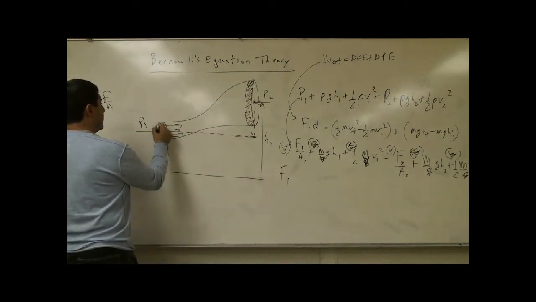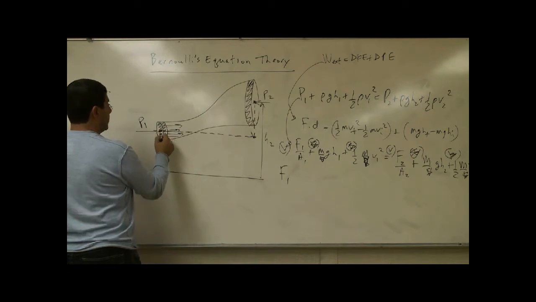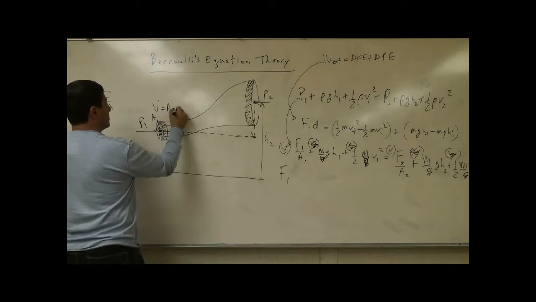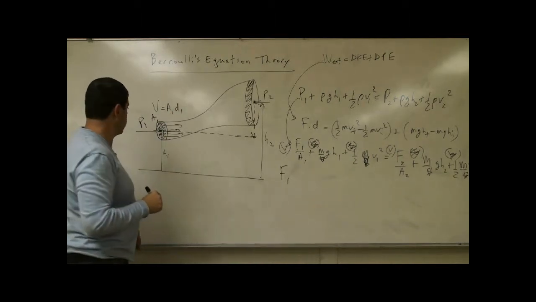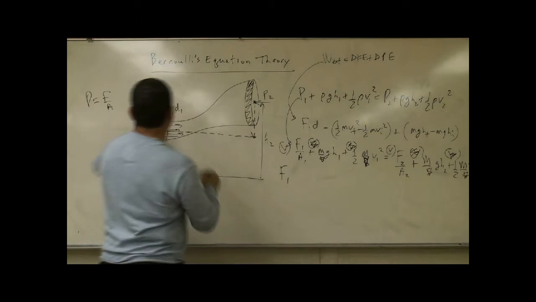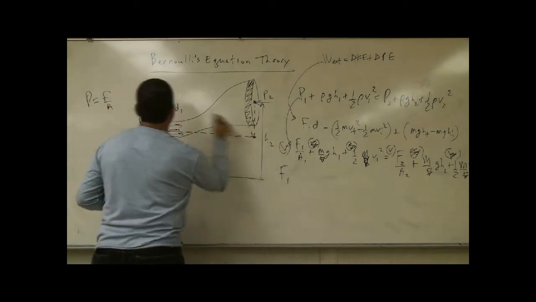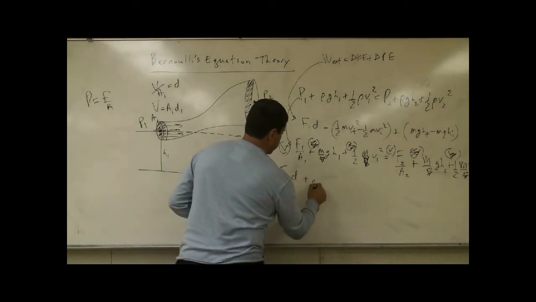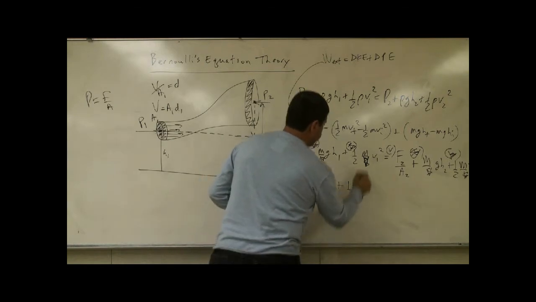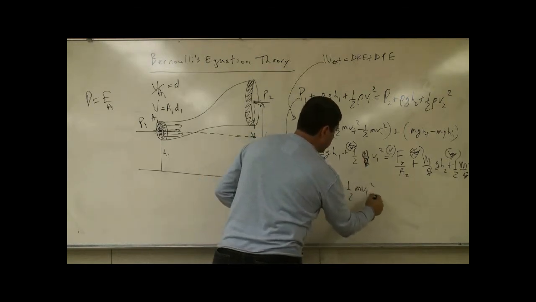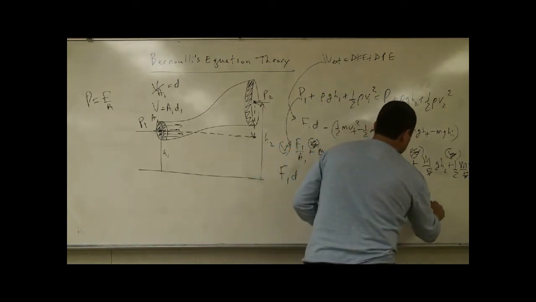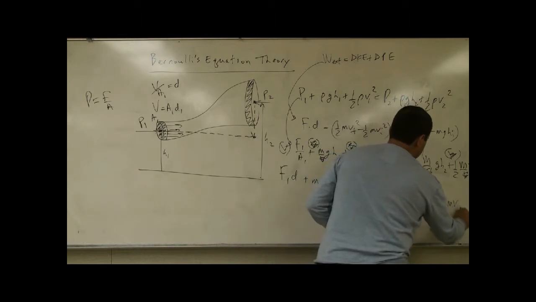The volume is equal to area 1 times the thickness here, which we'll call D1. So V divided by A1 gives D. So we get F1 D1, then m g h1 plus half m v1 squared, and on the other side F2 D2 plus m g h2 plus half m v2 squared.